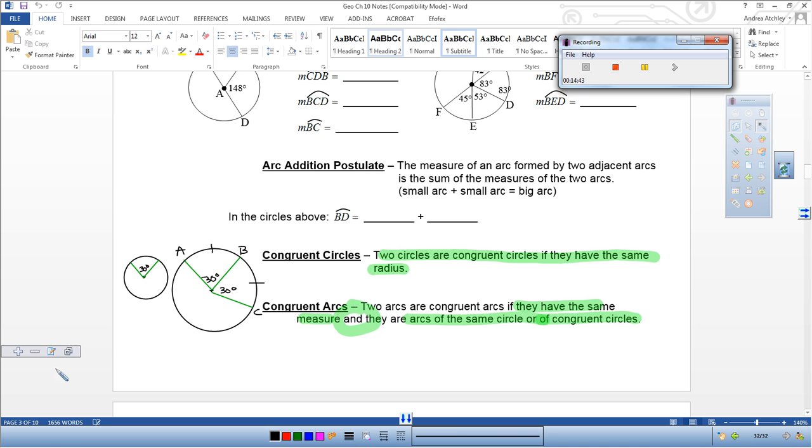Does that make sense? So arc AB would be congruent to arc BC. But this arc is not congruent to these arcs. Any questions?